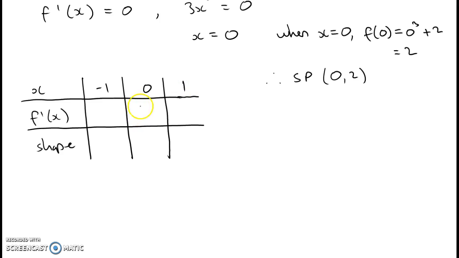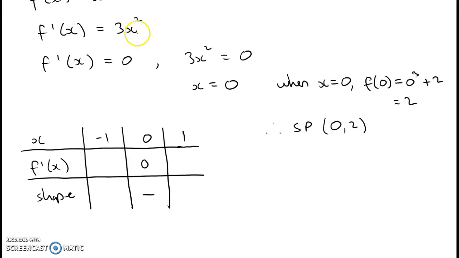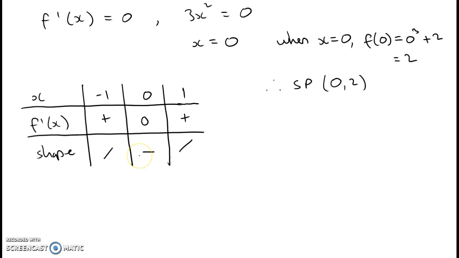We know that the value of the derivative at x equals 0 is 0. At x equals minus 1, if we sub that into our derivative here, we're going to get positive 3. So it's positive, so it's increasing there. And if we substitute in x equals 1, again, we're going to get positive 3. So that'll be positive. So you can see here it's a point of inflection. And just to abbreviate that, I'll say POI, point of inflection. It's not a maximum or a minimum.